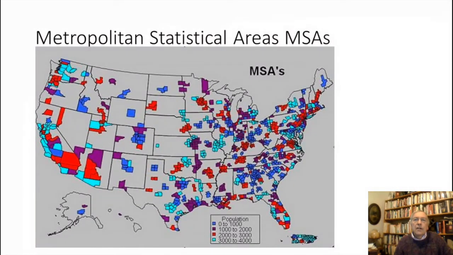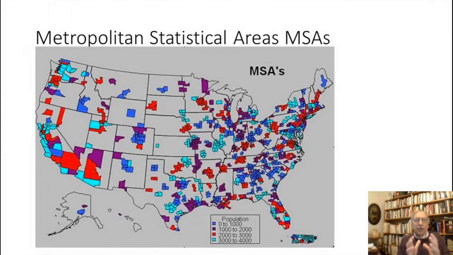Well, today our lecture is about urban geography, and I thought we would start out with a map of the metropolitan statistical areas of the United States, because one of the things we'll be talking about is that you have, it's almost like Russian dolls, different levels of nesting of cities.